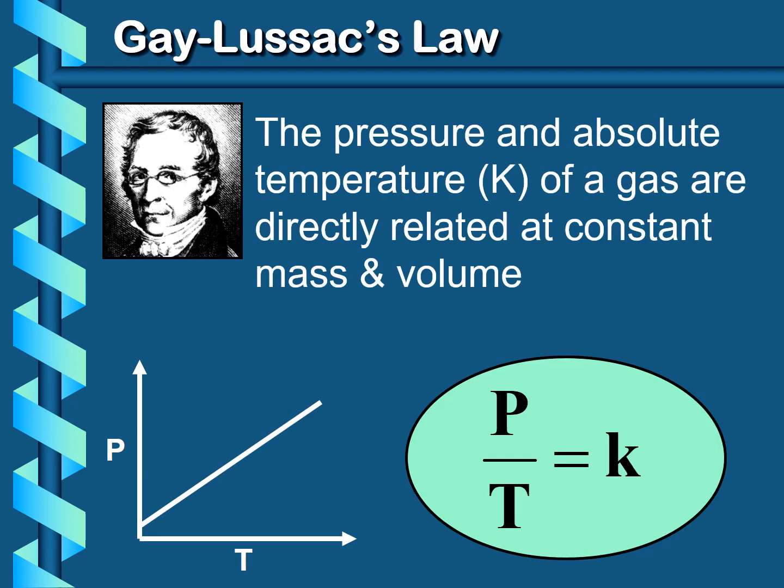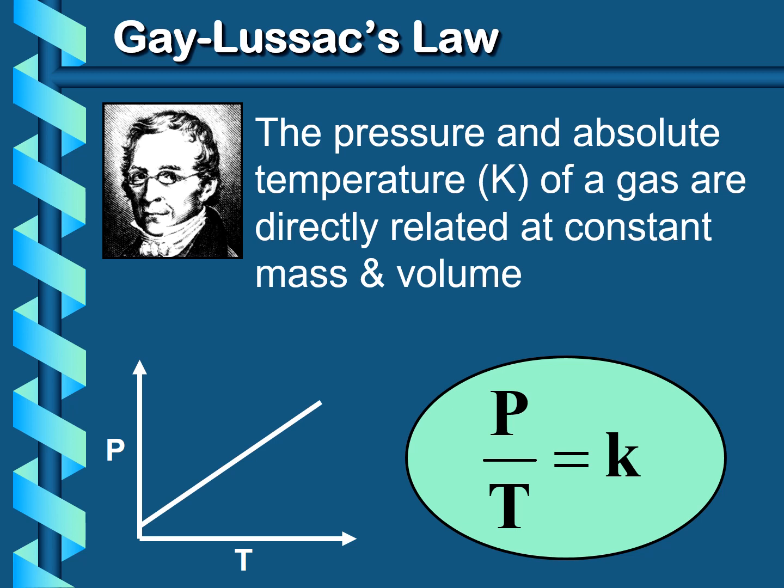The third gas law that we need to understand is the Gay-Lussac's Law. According to Gay-Lussac's Law, the pressure and absolute temperature of a gas are directly related at constant mass and volume. So previously we discussed the Charles law wherein he was able to relate volume and temperature.